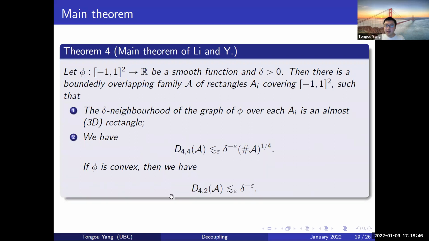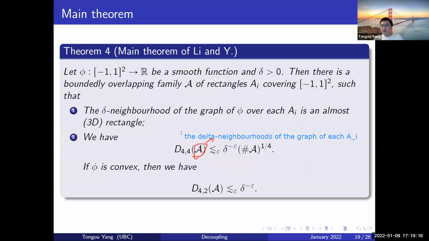And secondly, we have the following decoupling inequalities. Again, here this is actually a typo, so it should be replaced by what we talked about just now. It should be the delta neighborhood of the graph of each A_i, not just the sets A_i themselves.